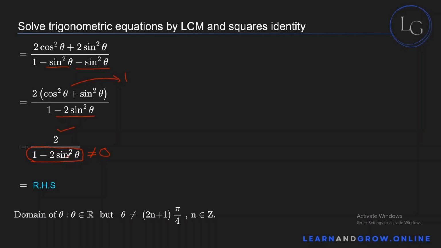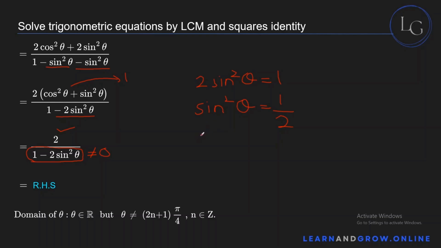So 2 sine square theta cannot be equal to 1. So sine square theta cannot be equal to 1 by 2.